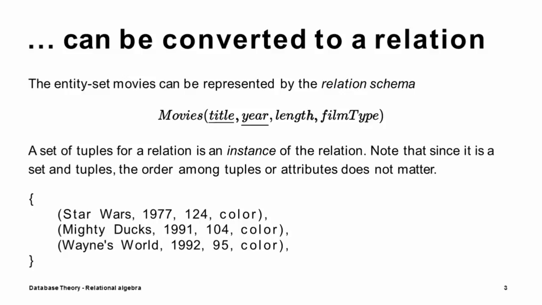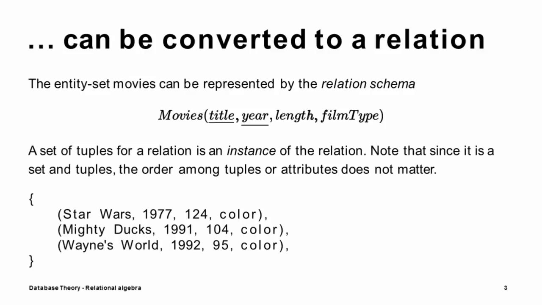And the tuples. The tuples are the instances, and I think I've used that word before. An instance of an entity or an entity set, that's the tuples, or if you prefer it, the rows in the table. And you should also note one thing here.